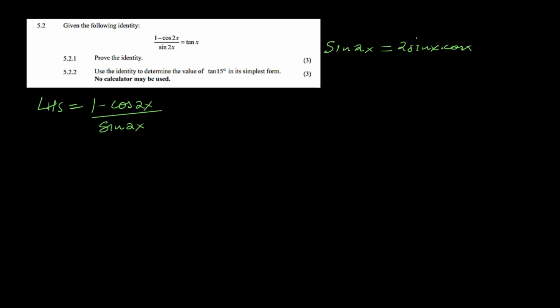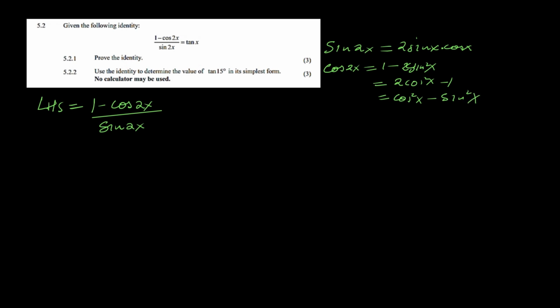It's a double angle for sine, and also the double angle for cos: cos 2x can be written as 1 minus 2 sine squared x, and it can also be written as 2 cos squared x minus 1, and also as cos squared x minus sine squared x.